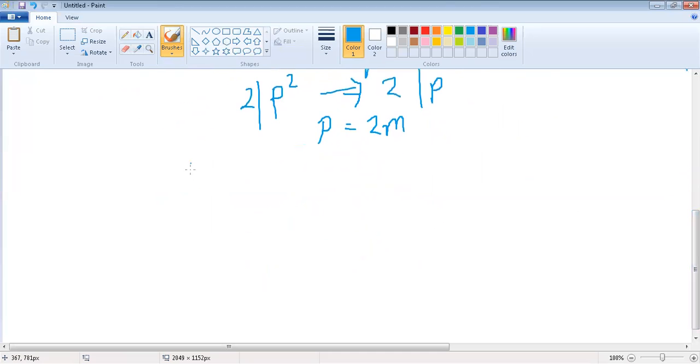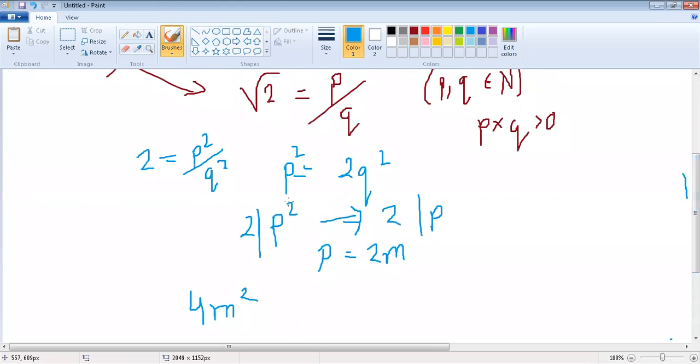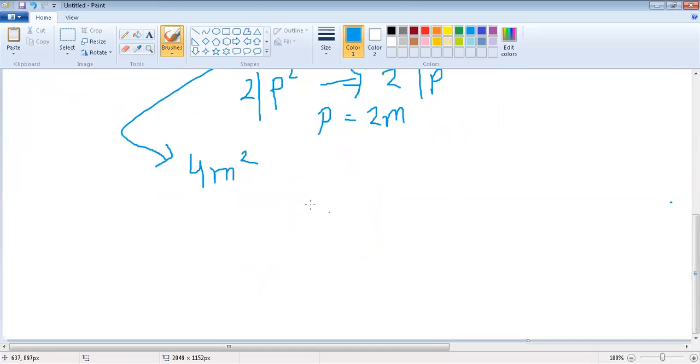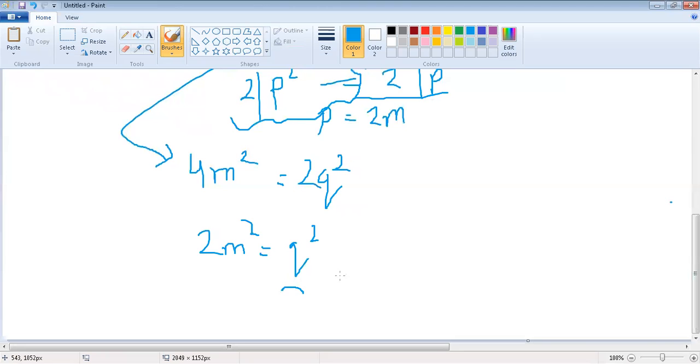So what happens now? 4m square. I hope you know how I wrote this 4m. So this 4m square equals 2q square. So 2m square equals q square. Again with the same logic, q equals 2 times s.